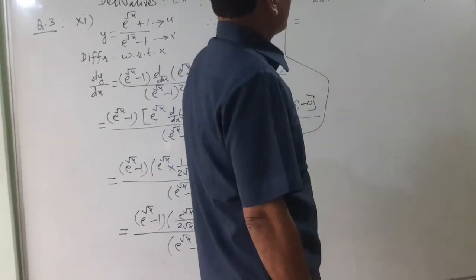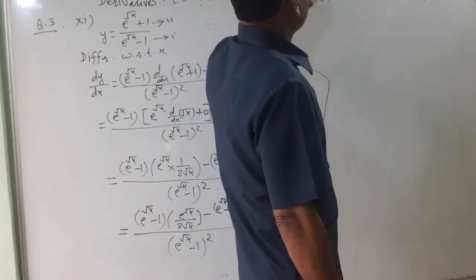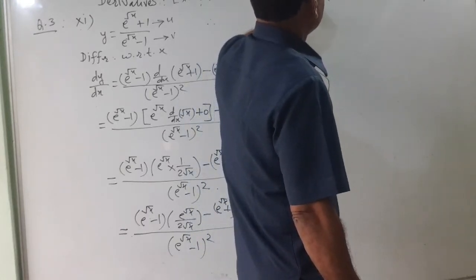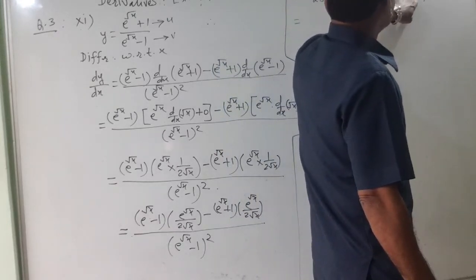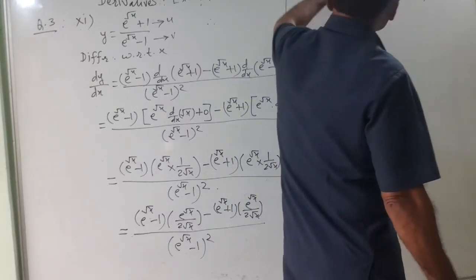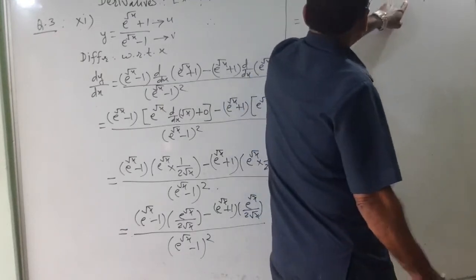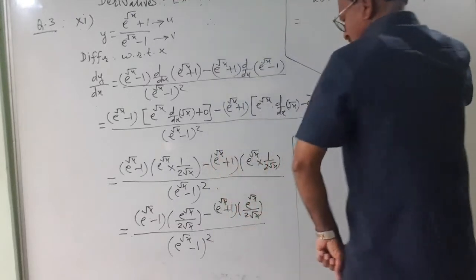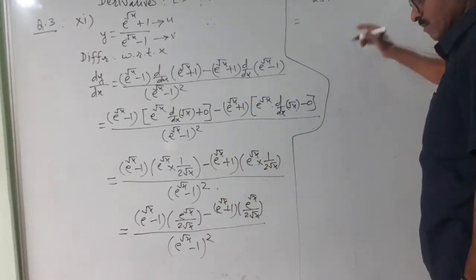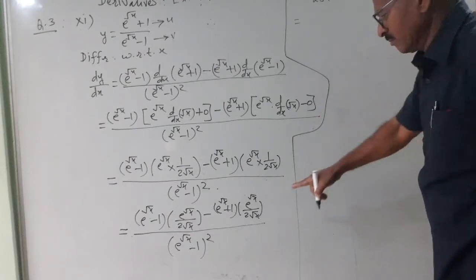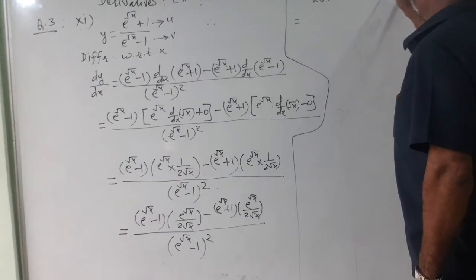That is equal to. Just check what you can cancel or what you can't cancel. Check this, e^√x upon 2 root x, its square. This term is negative, this term is positive. Here I think I have not written the denominator of this. The second term, the denominator is remaining, upon 2 root x.